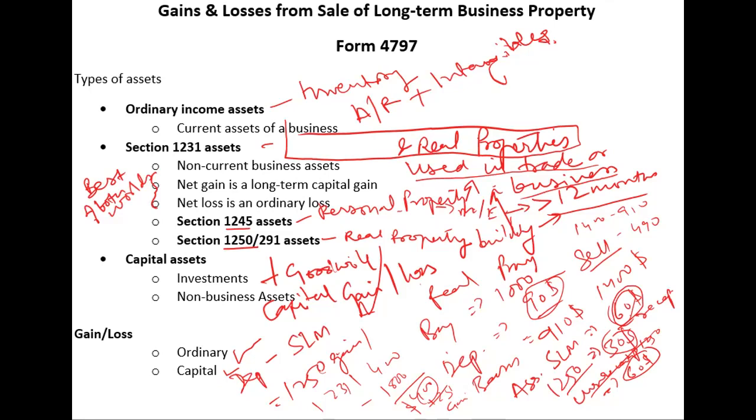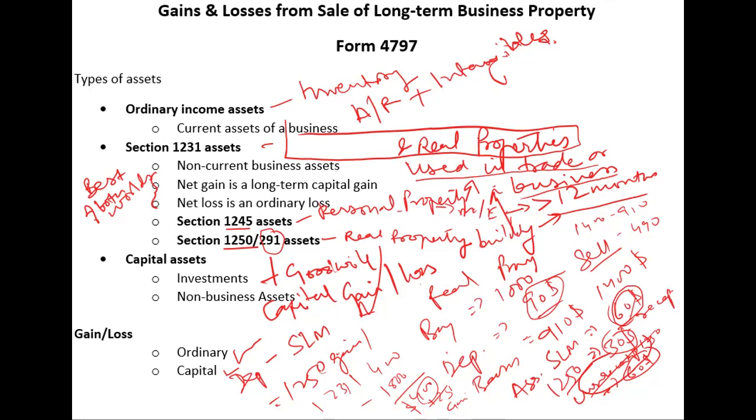Now, C corporations do not have the unrecaptured section 1250 tax rate, but rather an additional section 291 assets recapture when depreciable real property is sold at a gain. So under section 291, which is recapture and which is only for C corporations, it applies to section 1250 assets that are the depreciable real property which are sold at a gain.